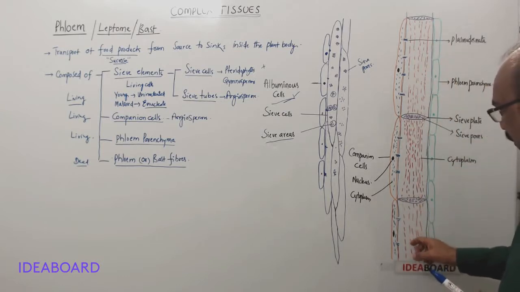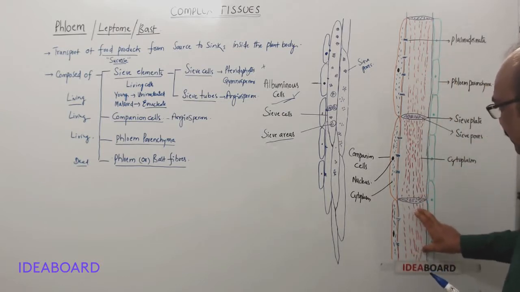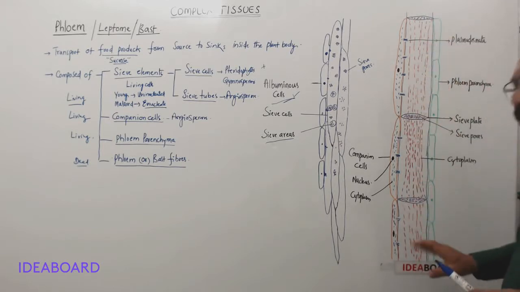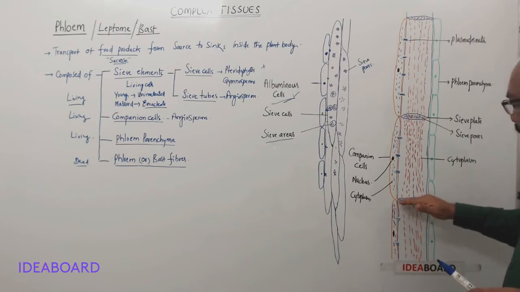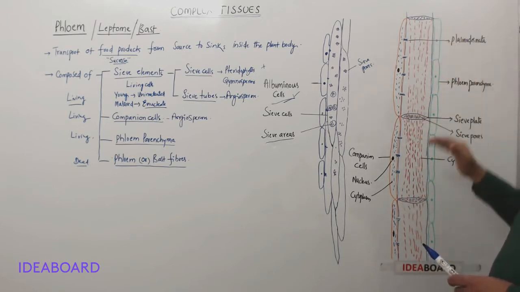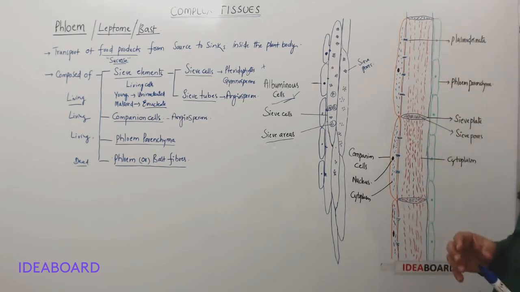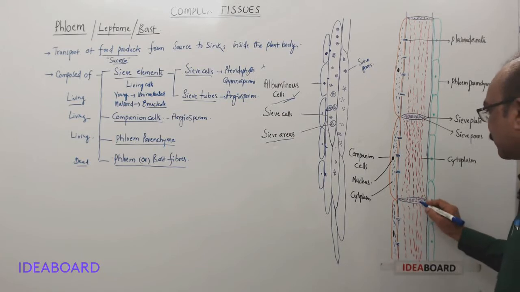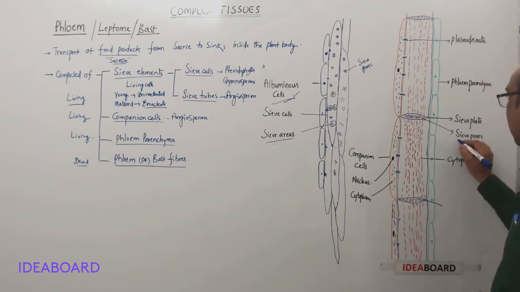So you can't separate the cell here. The cells are all connected to each other. And you will find the cross walls here, and these cross walls we generally call septa. The septa have some special feature you can see here: you will find sieve pores here.